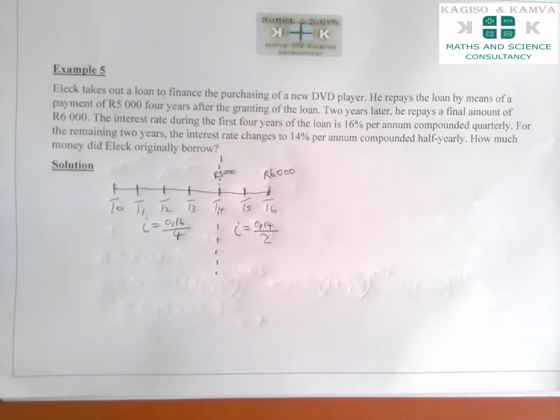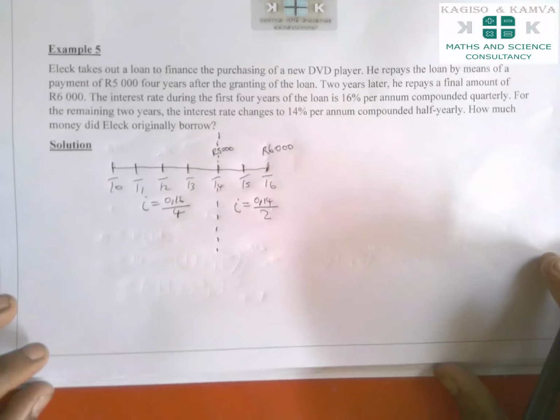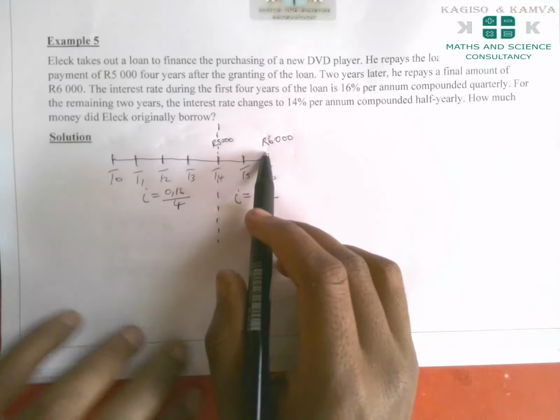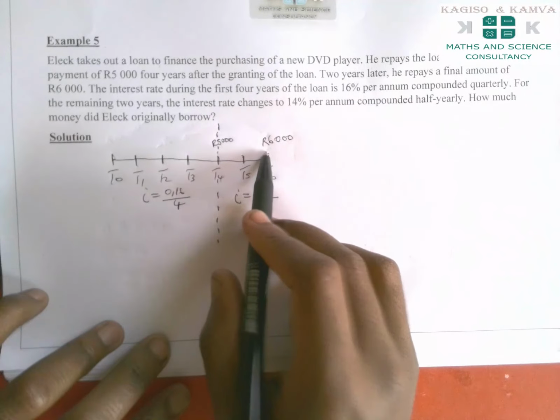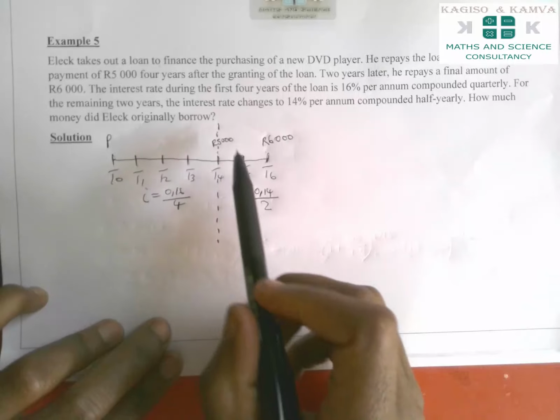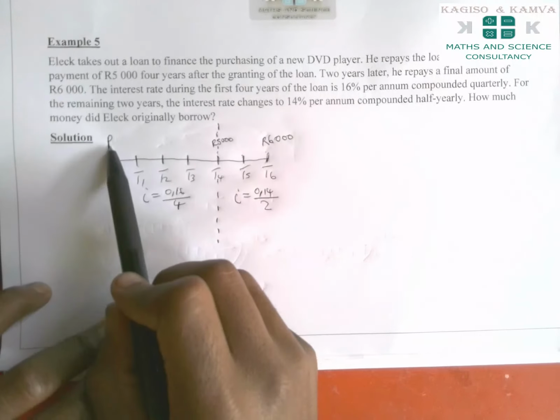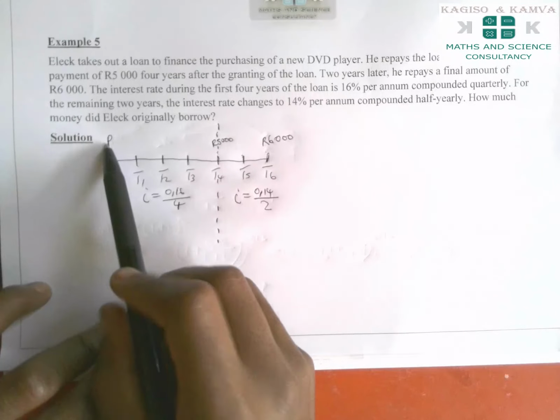Now what happened is that we are moving from right to left, because we are trying to get the present value.